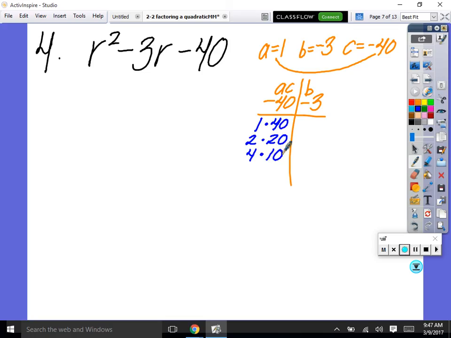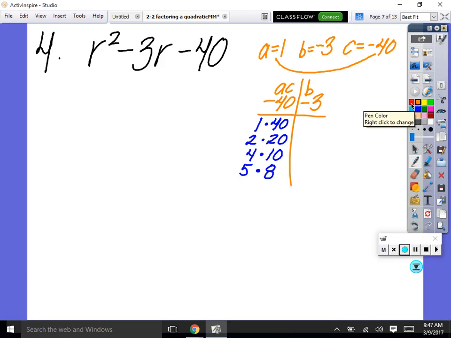That means what multiplies to be 40. If you don't know, take your calculator, do 40 divided by 2, 40 divided by 3, 40 divided by 4, 40 divided by 5. Just going till it goes back around, you know what I mean? So now 40 divided by 6 is a decimal, 40 divided by 7 is a decimal, 40 divided by 8 is 5. We've already listed those, so we know we're done.